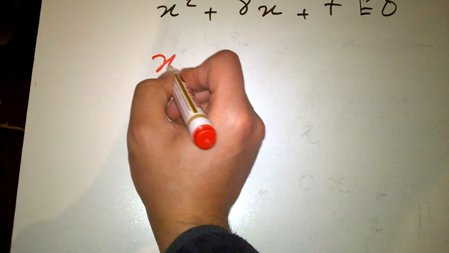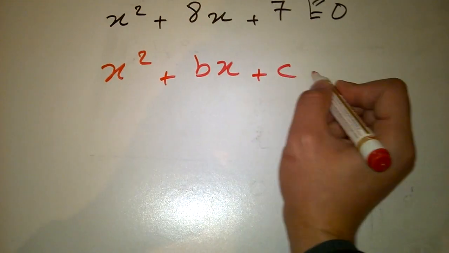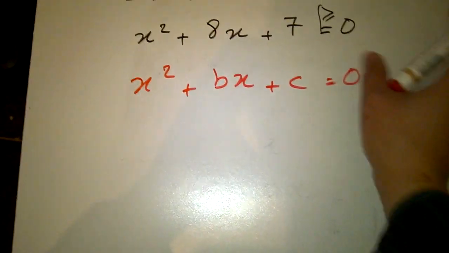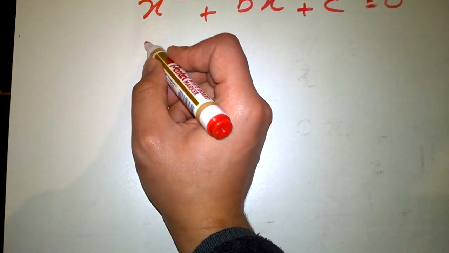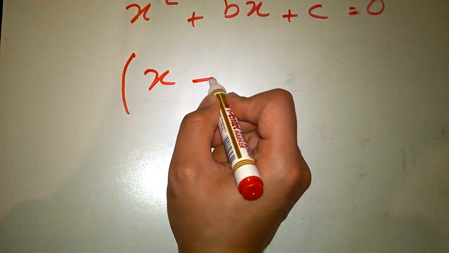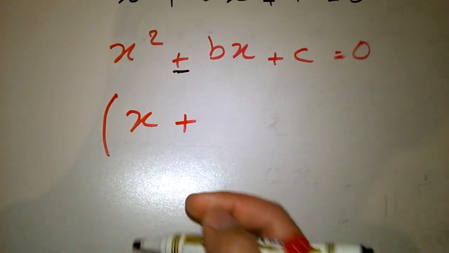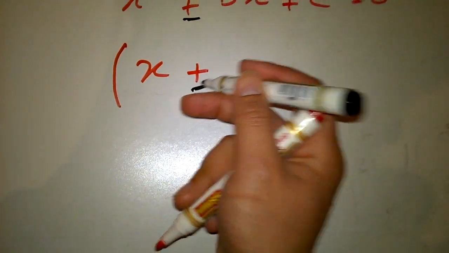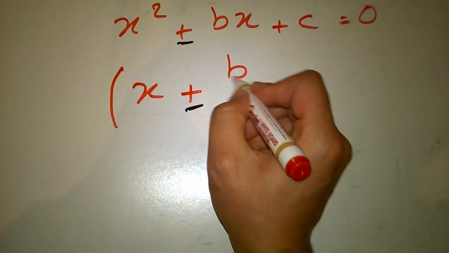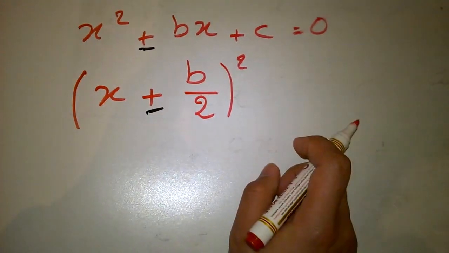For example, if we have x squared plus bx plus c equal to 0, then to complete the square we always write x, plus (if here was a minus we would write minus, but in our case we have plus) b over 2, squared, always.